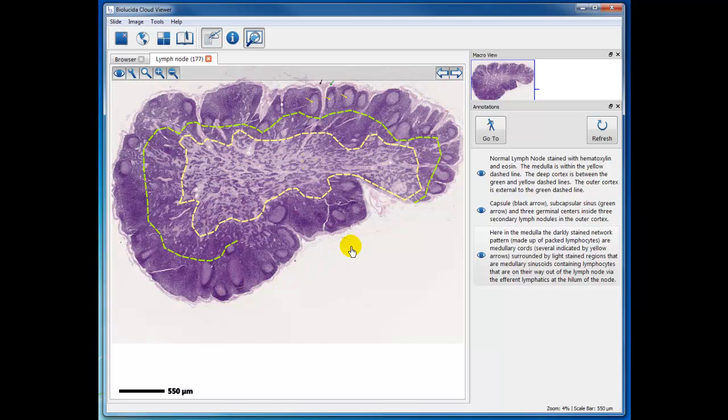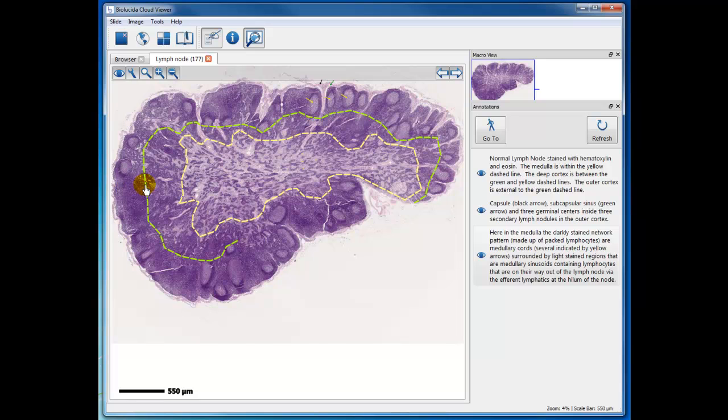Now the flow of lymph in a lymph node comes into the capsule area on the convex side by way of vessels that approach and connect, and they're called afferent. Afferent meaning toward the lymph node. Afferent lymphatic vessels.